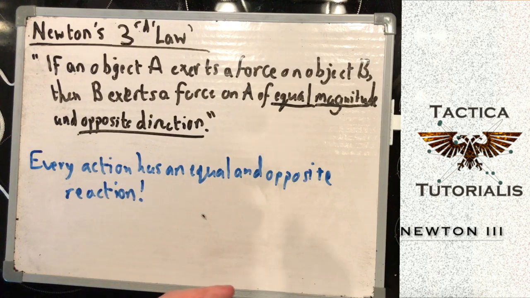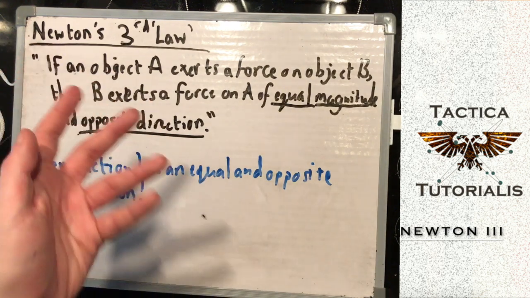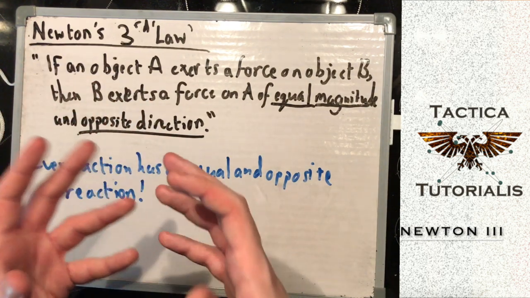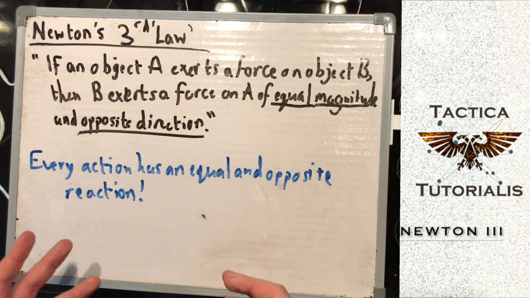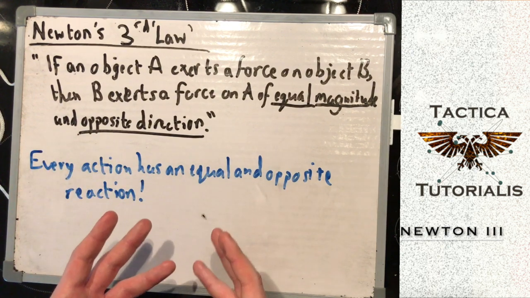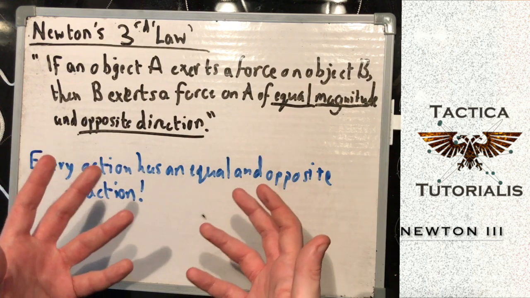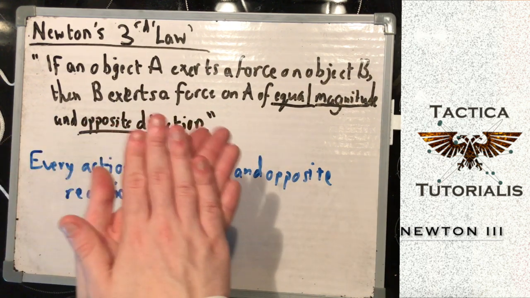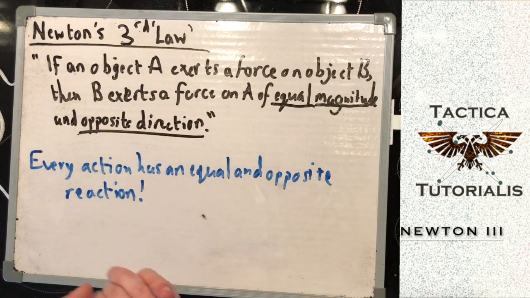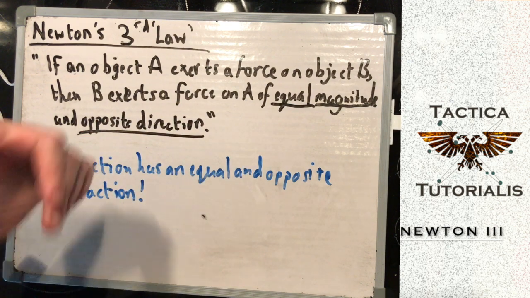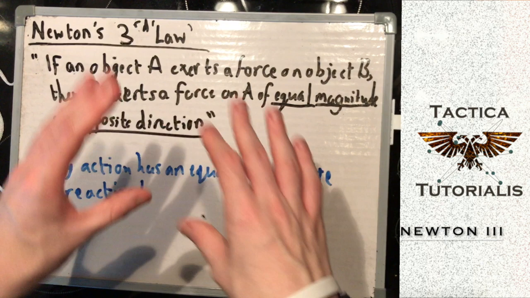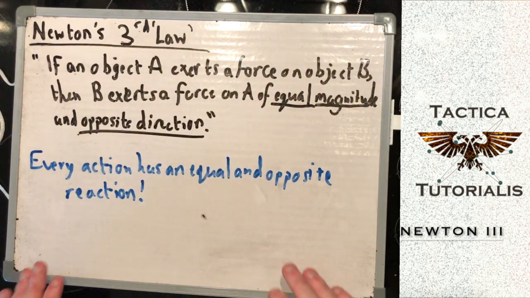Or you could say that, for example, if it's your weight, which is a type of force, then the earth is applying a force to you. Yet you don't move. There must be something acting against you, an opposite force pushing you back up to hold you in place. And that is what Newton's third law is all about.